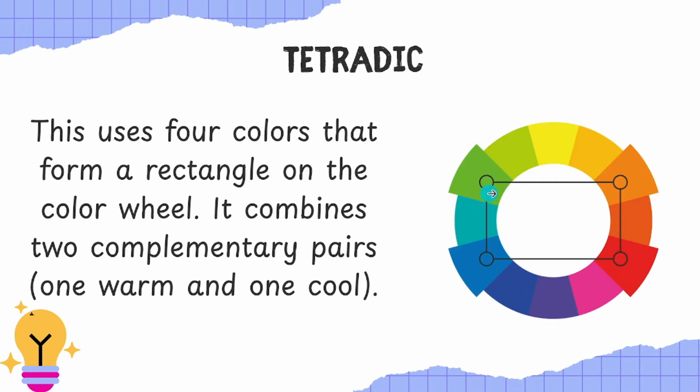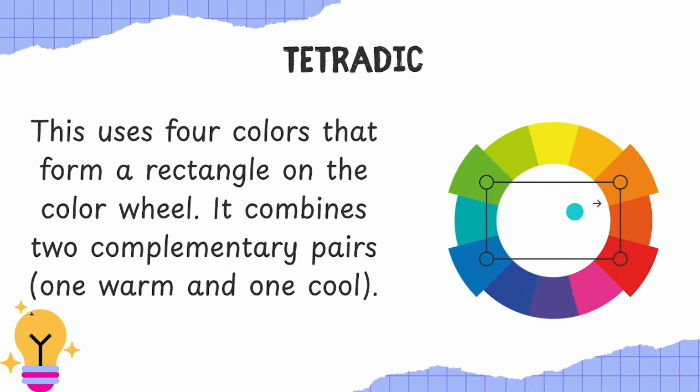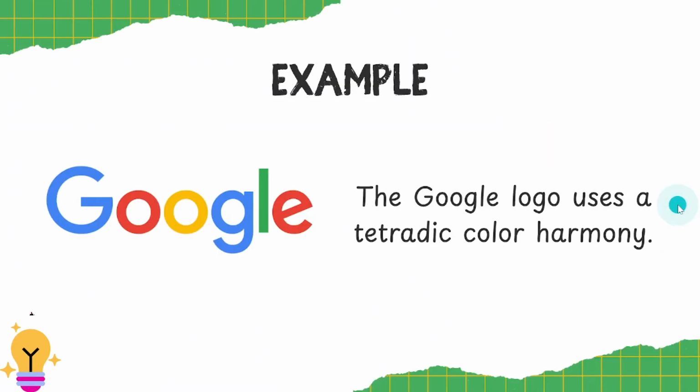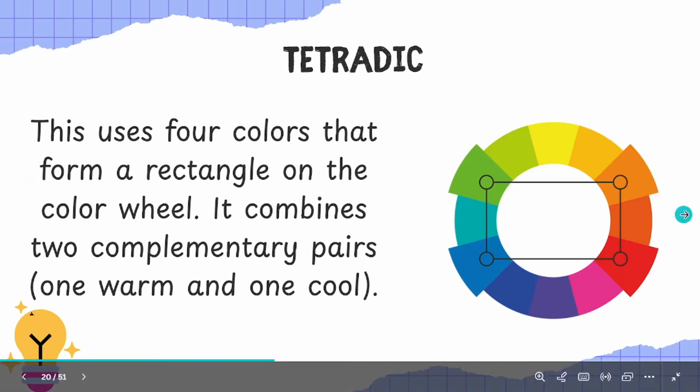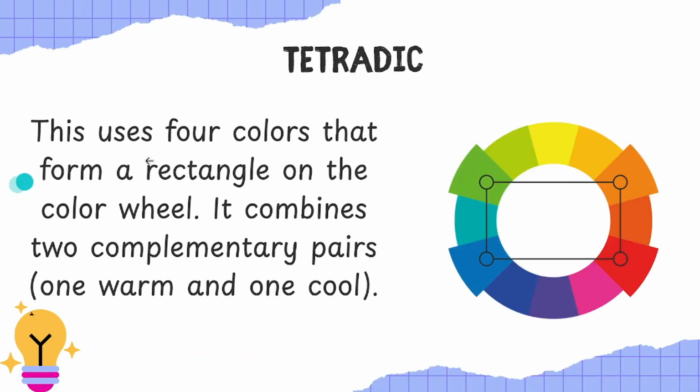You can say it also looks like the complementary, but now with 2 opposite pairs. If you look at 1, 2, it has a rectangle shape. An example of where this kind of color was used is Google, they adopted the tetradic color harmony for their logo, right?